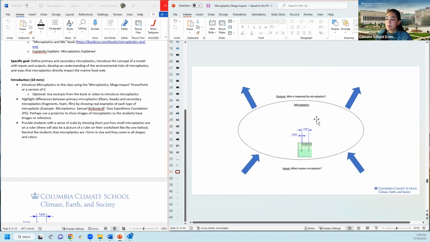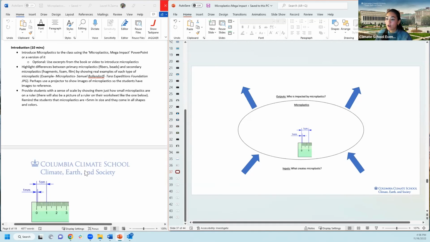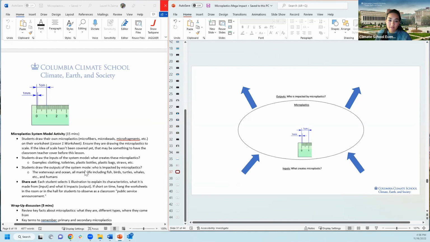So who is being impacted by these microplastics? They might not get to humans right off the bat. They might think about marine animals first, which is completely fine. But in the discussion with your students, you can lead them to realize that this is not just an environmental problem.